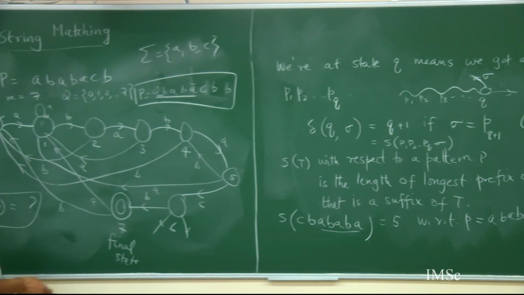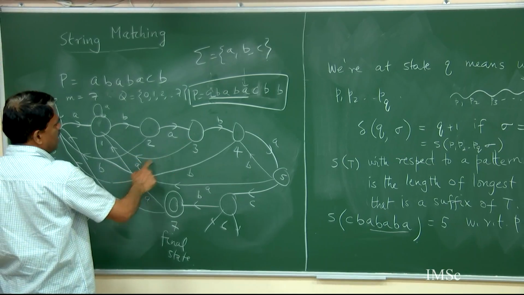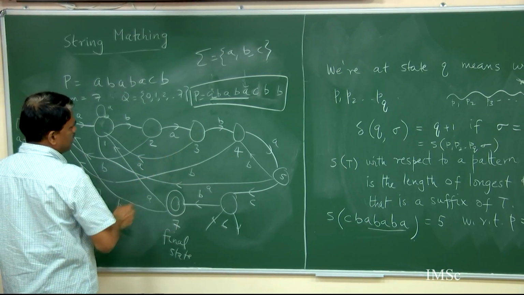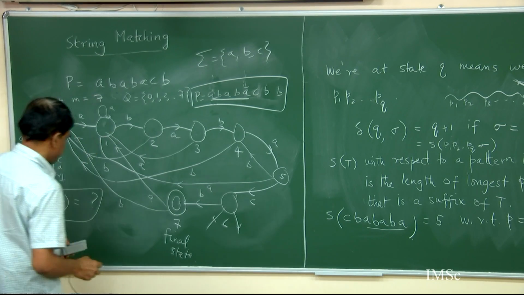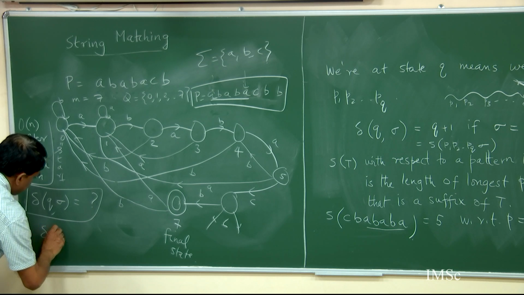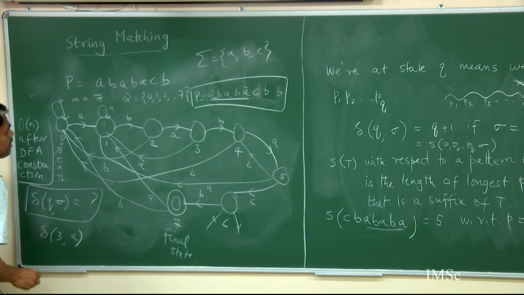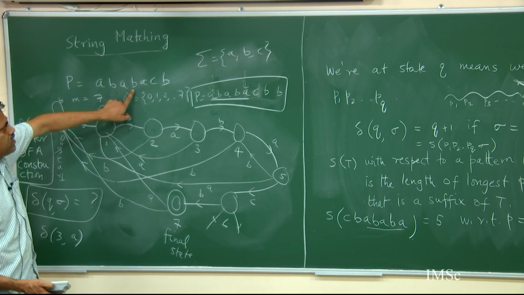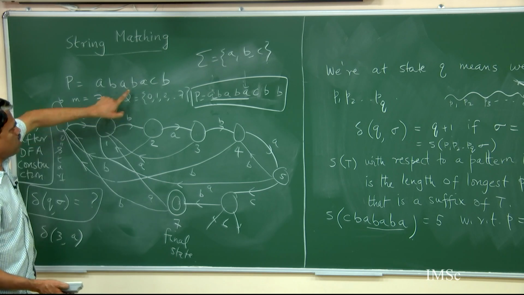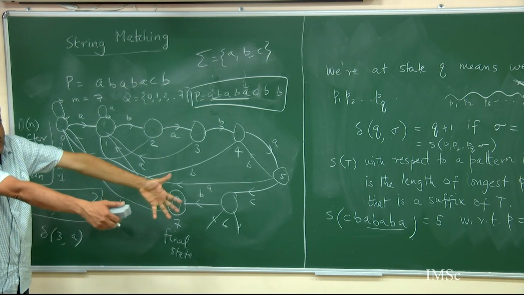So this is what you saw, right. Let us say I am at 3 and I get an A, right. The fourth character is not B, because if it is B I would have gone to fourth state.